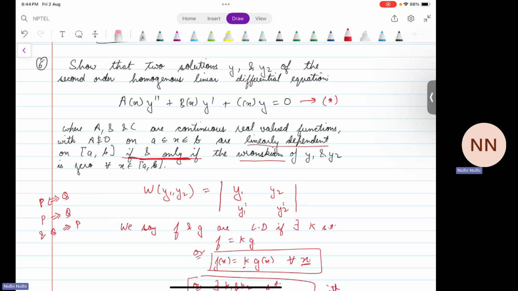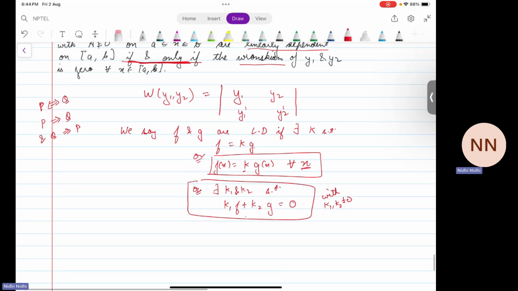We need to show that if y1 and y2 are two solutions of the differential equation star, firstly we'll assume them to be linearly dependent and prove that the Wronskian is 0. Then conversely, we will start with the fact that the Wronskian of y1 and y2 is 0 for all x, and hence that must imply that the functions y1 and y2 are linearly dependent.